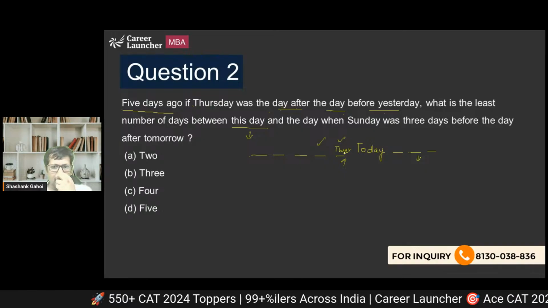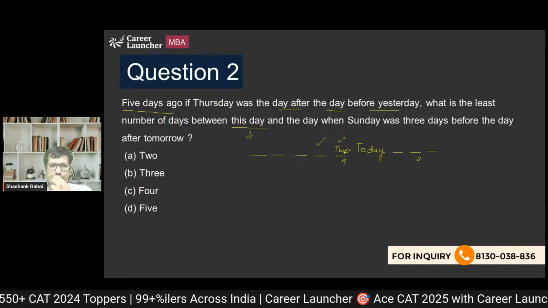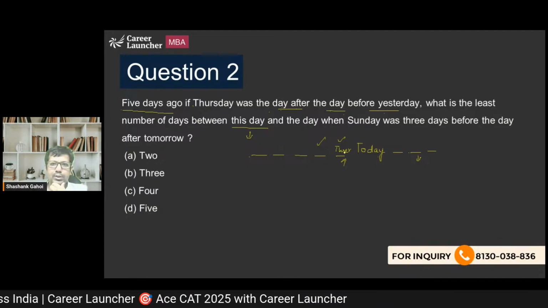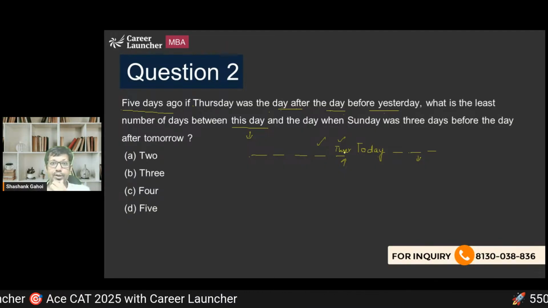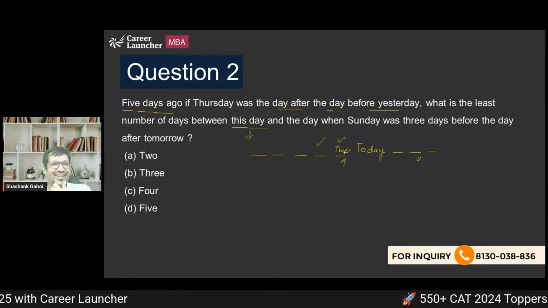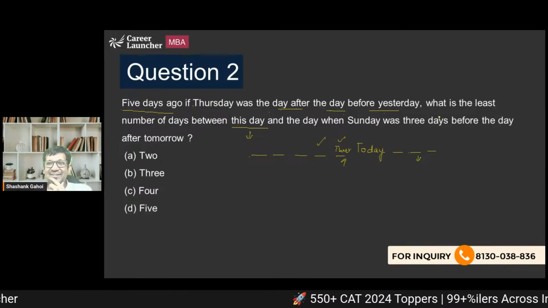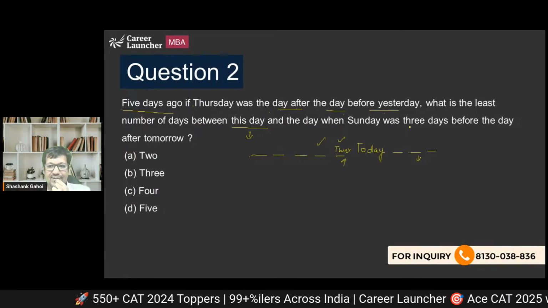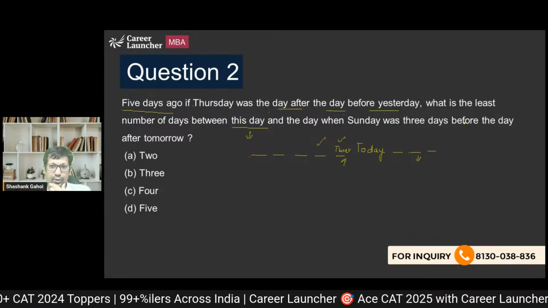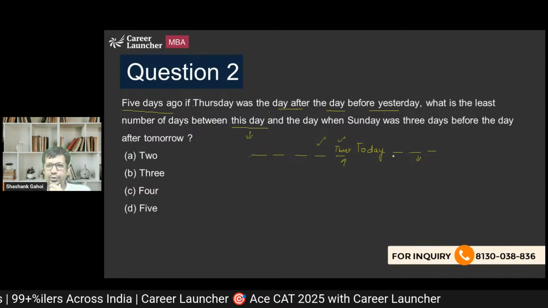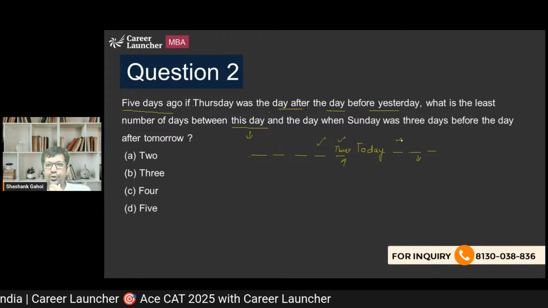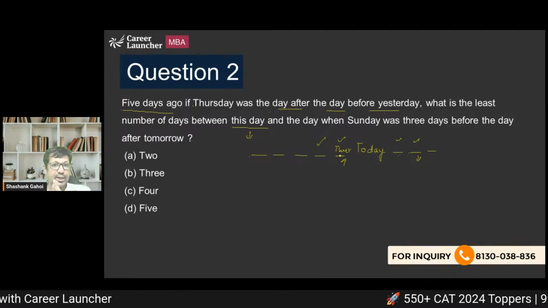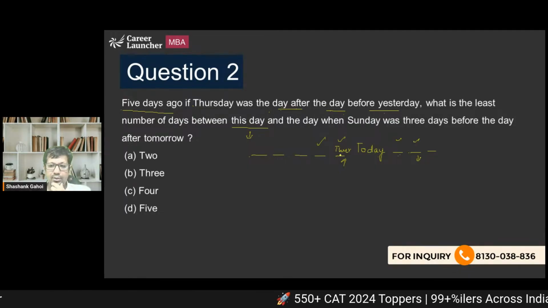I think the question itself is something I'm not able to understand. It's tricky or it's wrong. So the day after tomorrow is this, and 3 days before is 1, 2, 3. So this is Sunday.